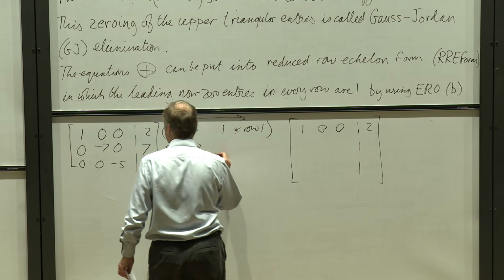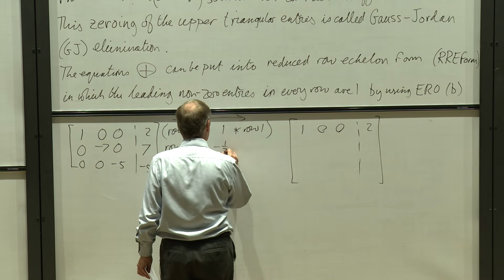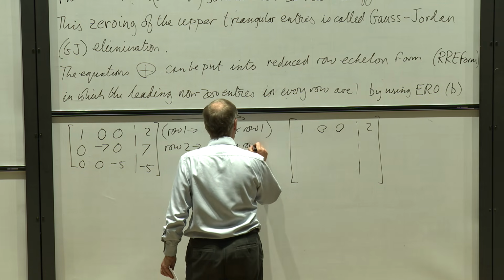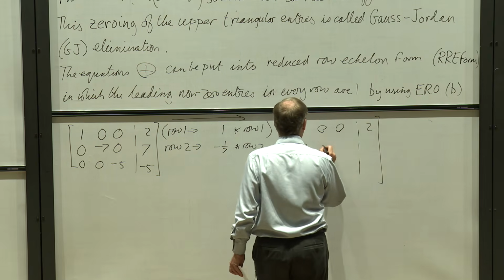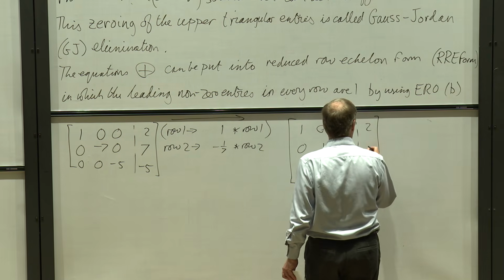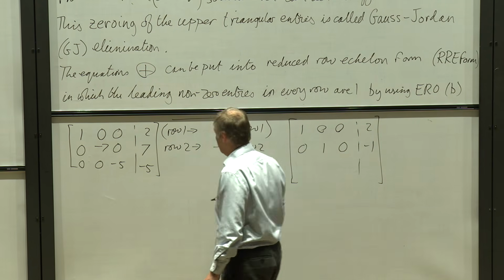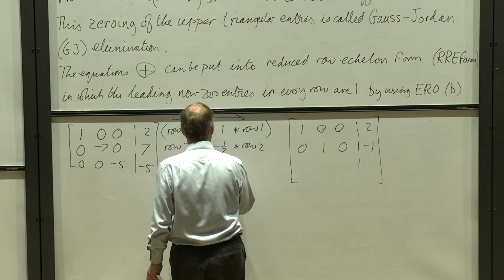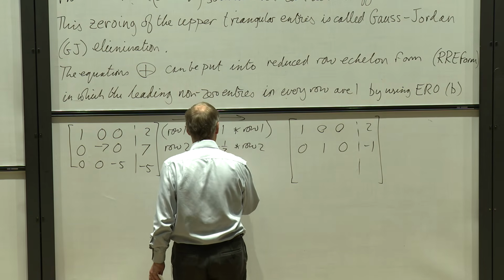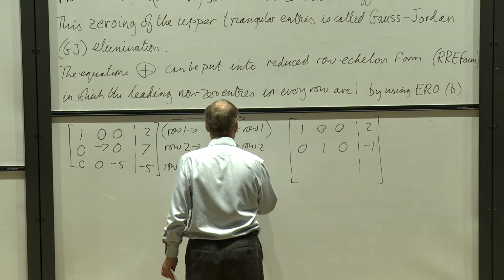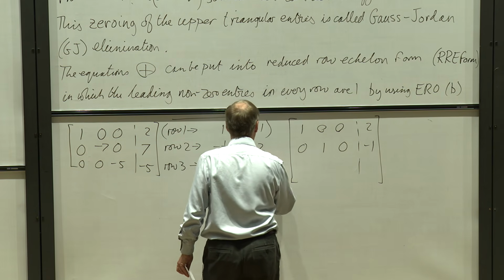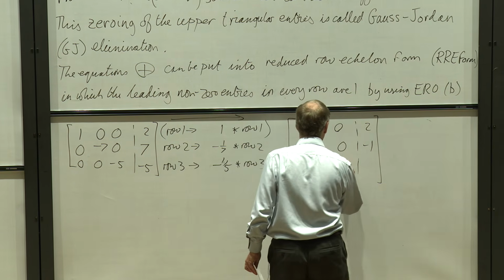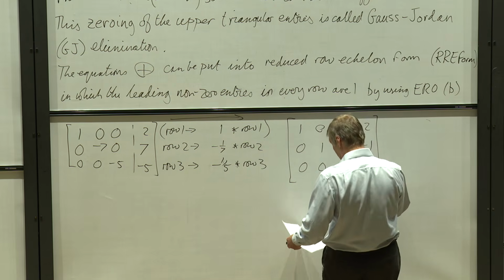Row 2 becomes minus 1/7 of row 2, which gives us 0, 1, 0, minus 1. And row 3 becomes minus a fifth times row 3. It gives us 0, 0, 1. And this becomes, what does it become now?